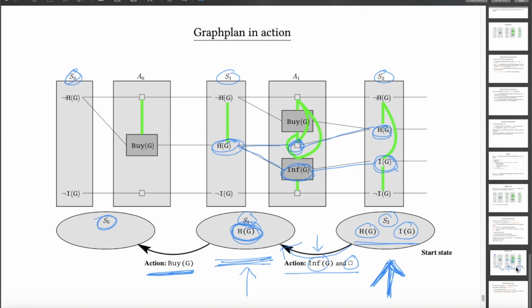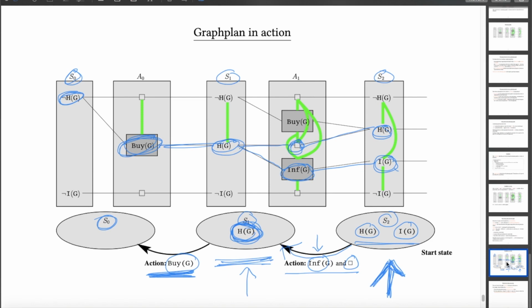There is only one choice, that's ByG. It has HG as an effect. It's a single action, so it can't be mutex with any of the other actions needed to achieve HG. And it only has a single precondition, not HG. And because that's a singleton, it can't be mutex with anything. So we can just take this ByG action out here to make an action within the search problem.